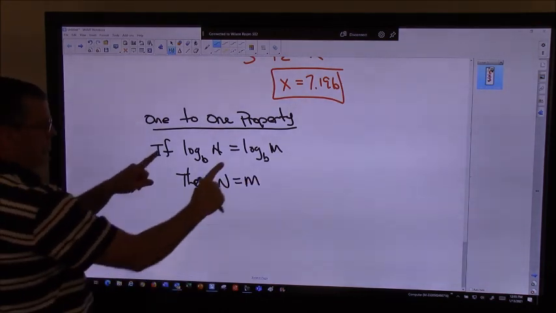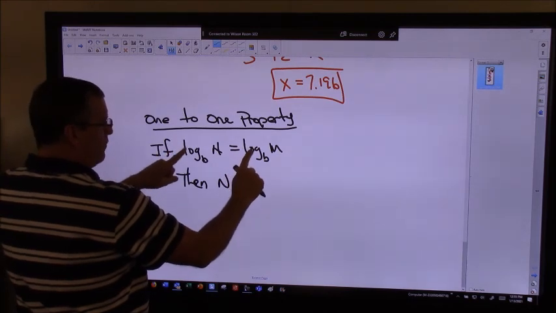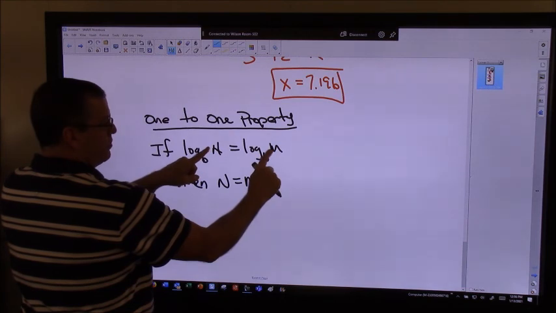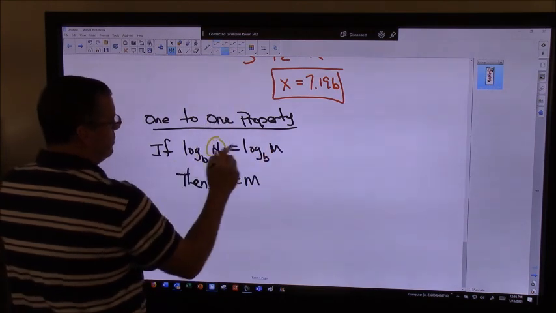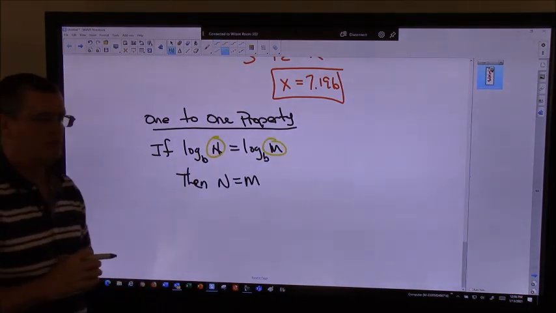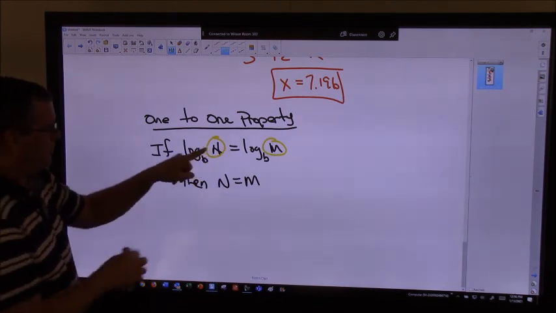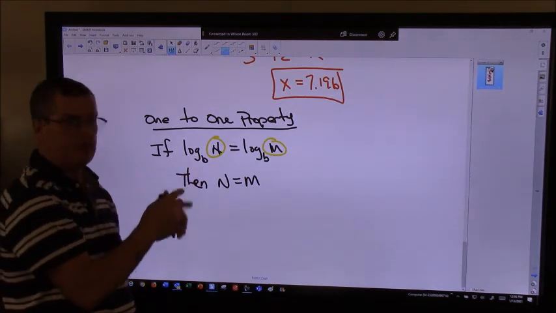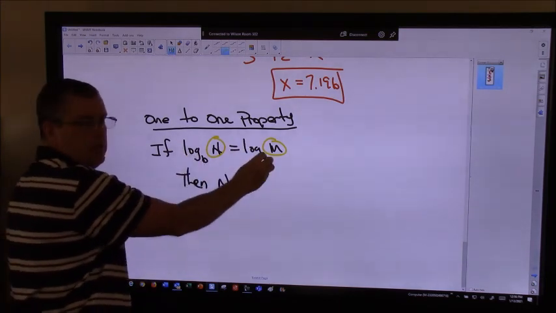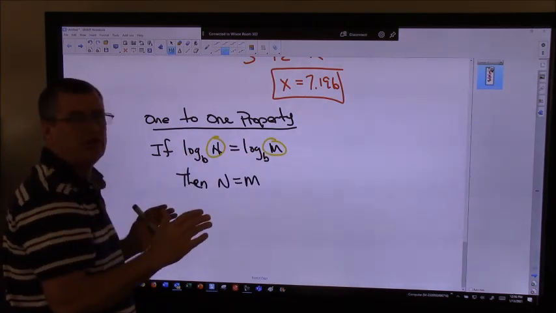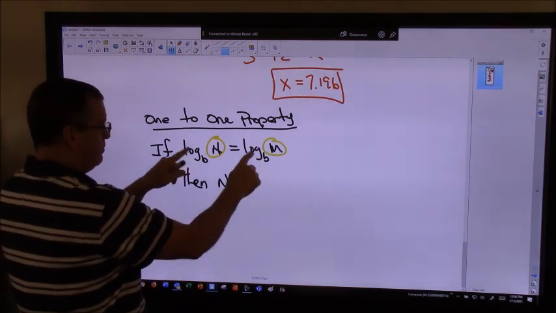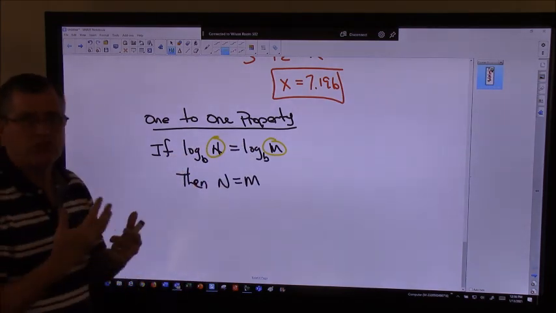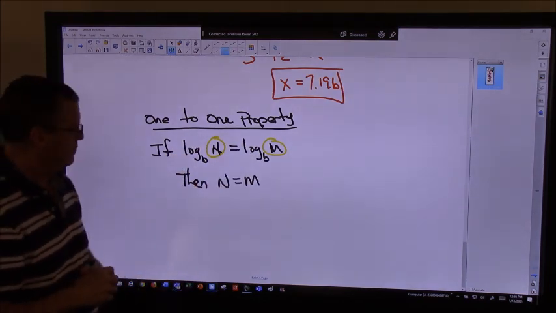So the idea is, if I can just get one log function on each side of the equal sign, then I could just set these two things equal to each other. This has to be equal to this. It says right here they're equal. We've got log on both sides, and we've got the same base. Now if these bases are different, if this is log base 4 and this is log base 10, this doesn't work. The bases have to be the same. If everything's the same here, the only way they're equal is if those are the same. So we would set those equal to each other and solve.